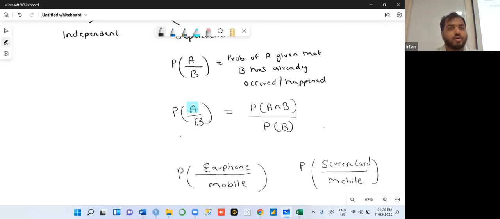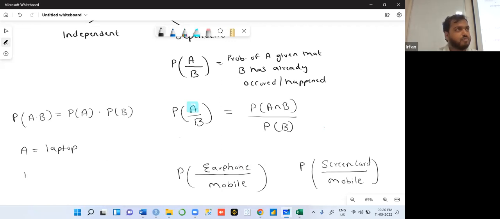Now next, independent events. What is the meaning of independent? Does not depend on each other. Probability of buying a laptop. Can I say it is independent of jeans? A, probability of buying laptop. B, you purchase a denim jeans.